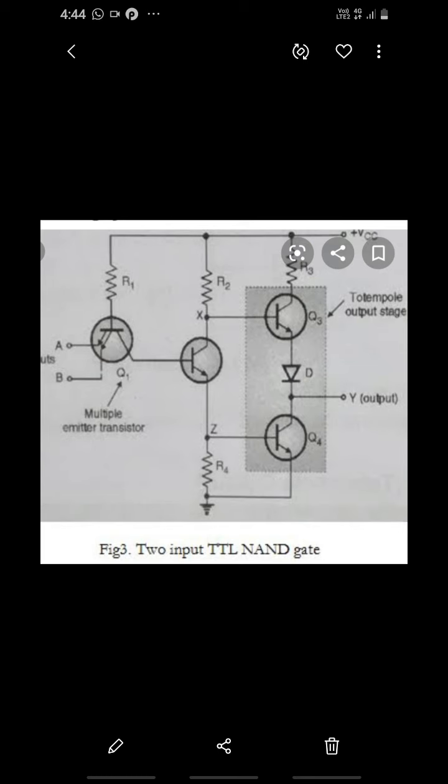Next, operation of the totem pole output circuit. It contains two different cases. One is if A = 0 or B = 0, or A = B = 0.